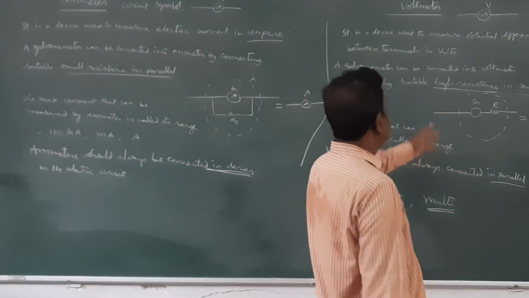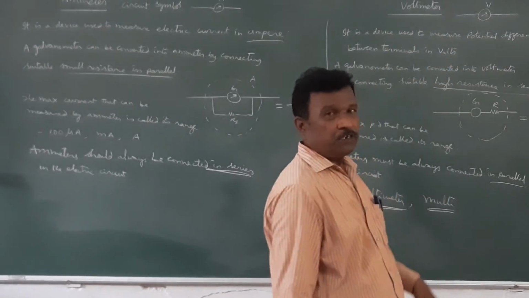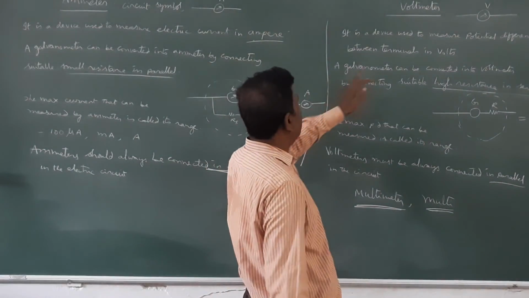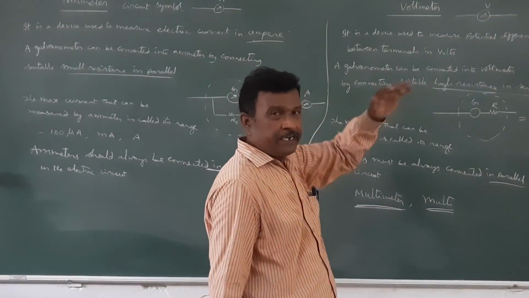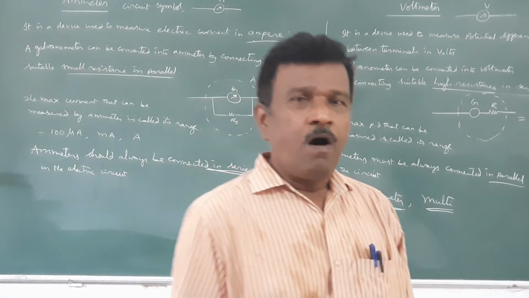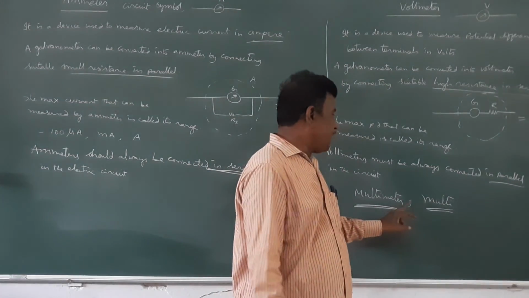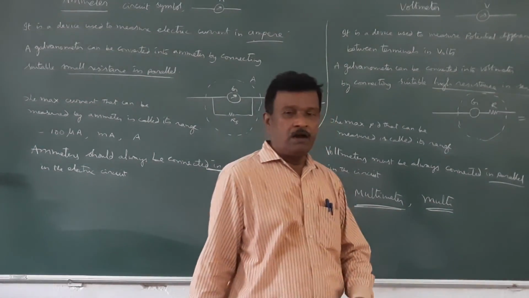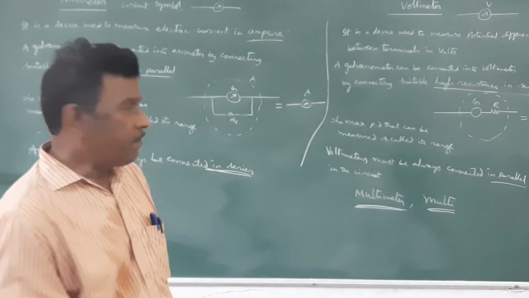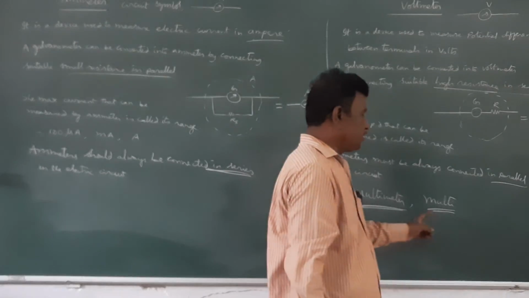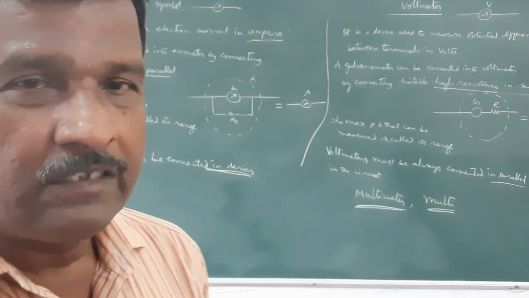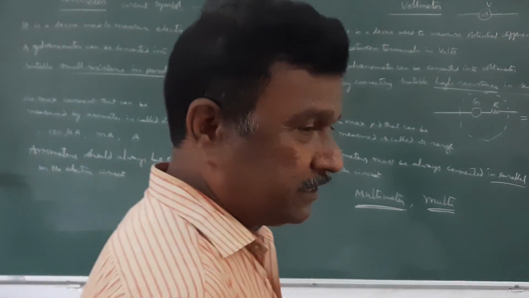It can measure either current or voltage or resistance, as an ohmmeter. All parameters can be measured by using this multimeter. While doing the practicals, you will come across these multimeters, where we use the multimeter for measurements of voltage, current and resistances.